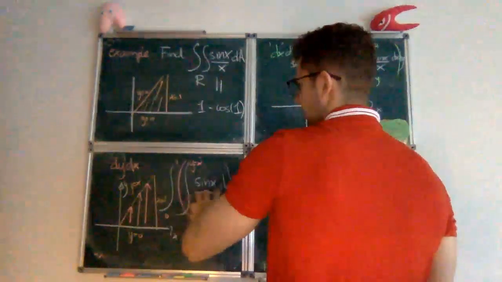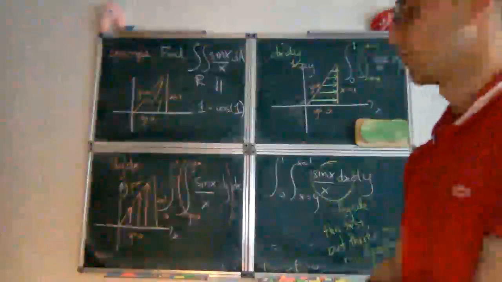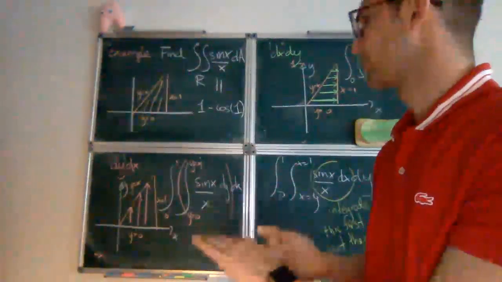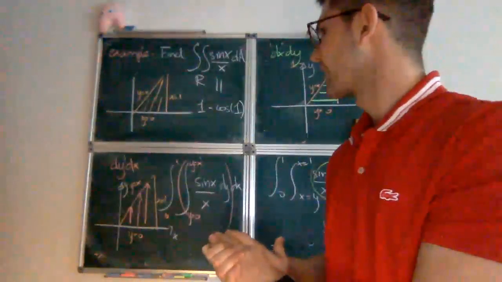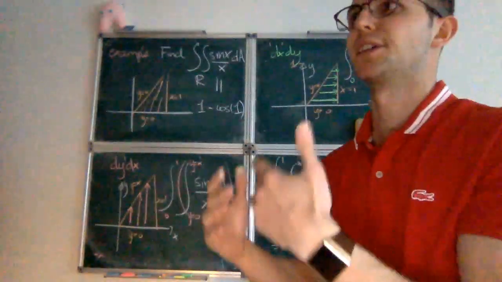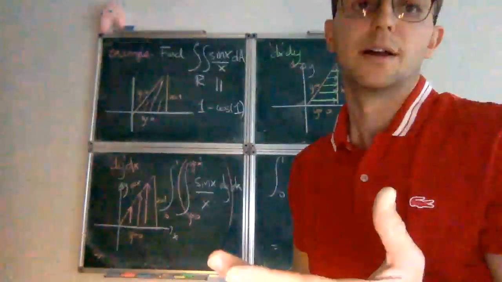You get this, which you can integrate, and the final answer is 1 minus cosine of 1. So this is an example where only one of the two orders works, despite the fact that in principle both would give you the same answer. It's just that we don't know how to do one of the cases.